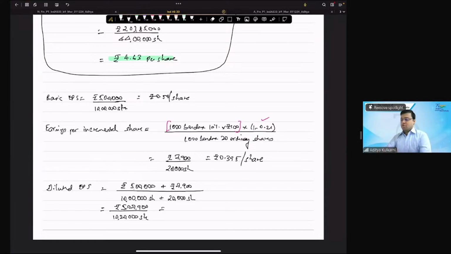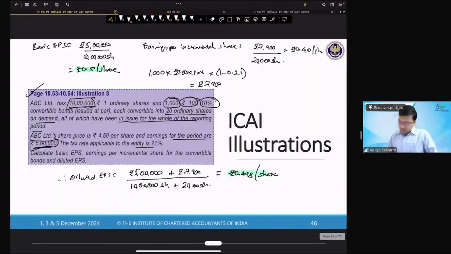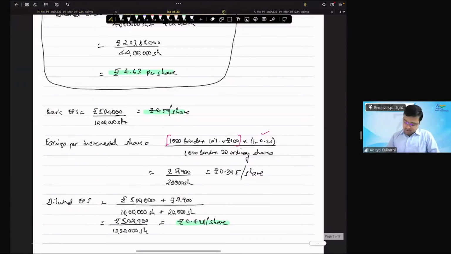So that comes to 0.498. Always have a habit of comparing 0.498 versus 0.5. Is it okay? Yes sir. So this is our illustration 8.